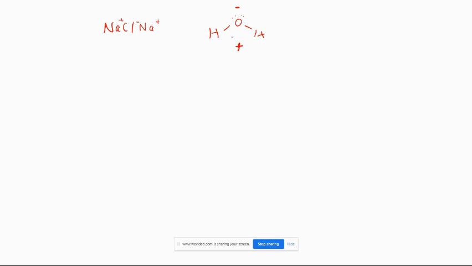The attraction of the sodium to the water is greater than the attraction between these ions, and that's what pulls the salt apart and gets it into solution. So the positive end of the sodium is going to get attracted to the negative end of the water, and it's going to surround this sodium.